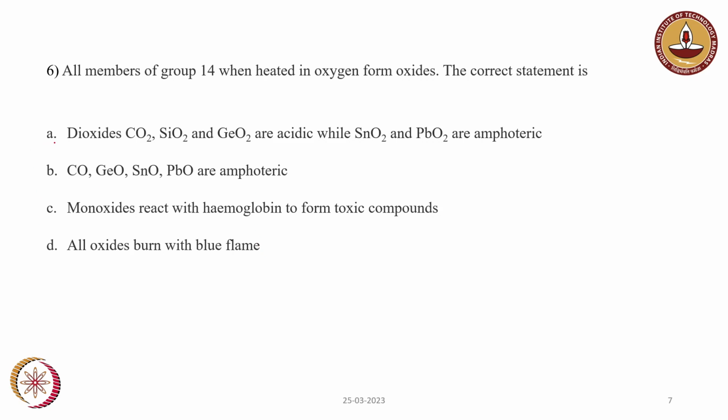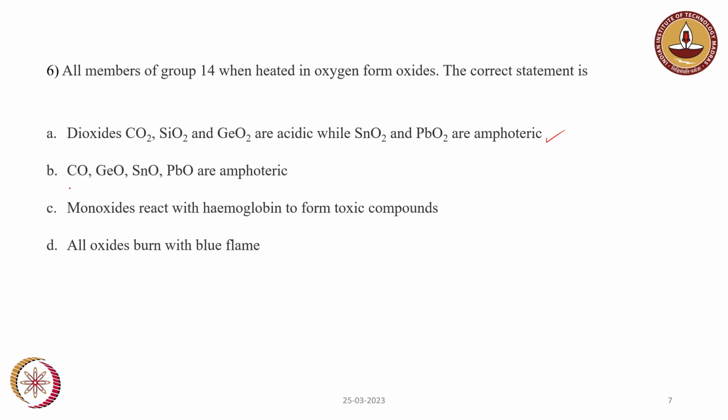The first one is dioxides, CO2, SiO2 and GeO2 are acidic, while SnO2 and PbO2 are amphoteric. So this statement is correct because we know that CO2 behaves as acid.